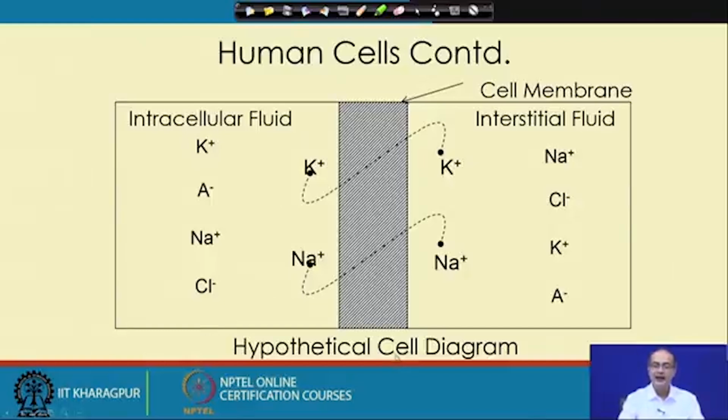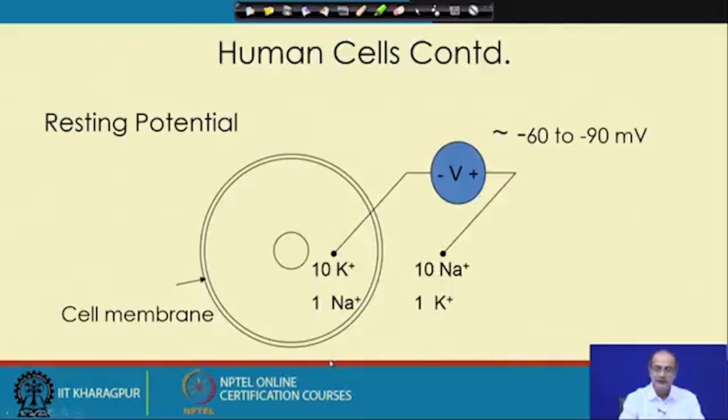The way it allows potassium ions to get out of the cell, it does not allow sodium ions to get inside in the same way. As a result, inside the cell we lose positive ions, and it gets into a state of negative potential.